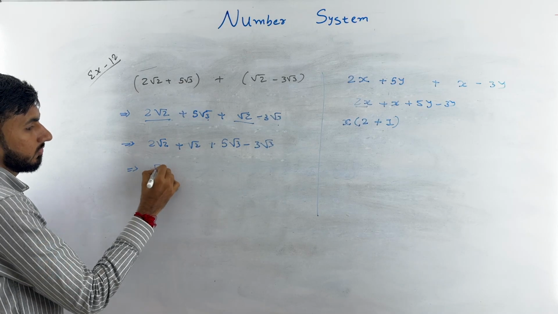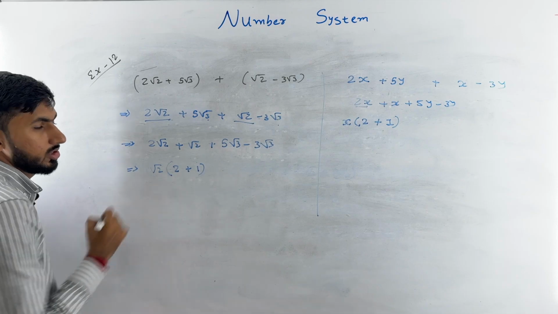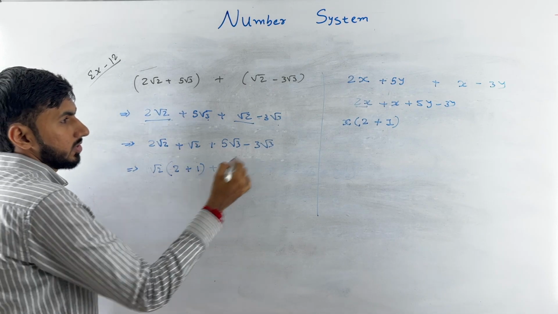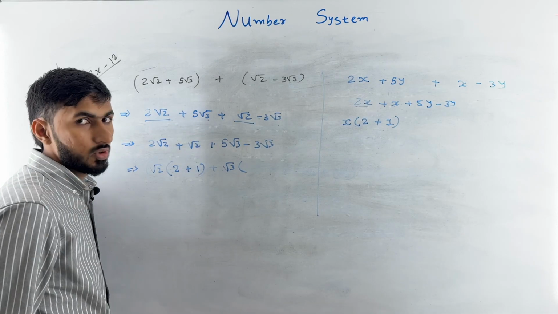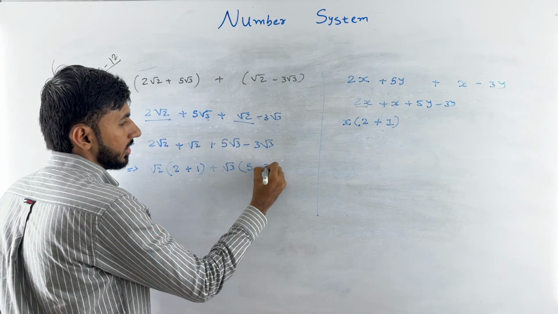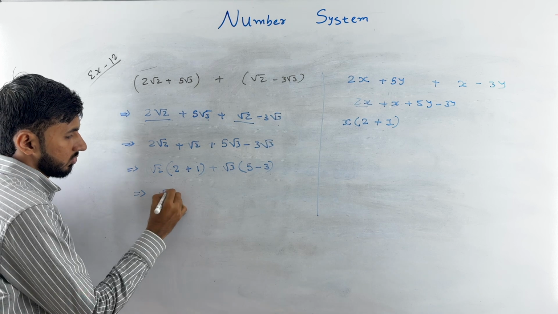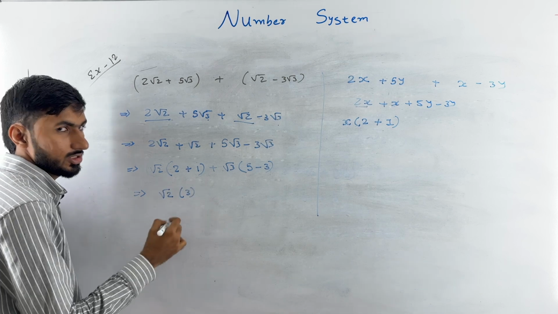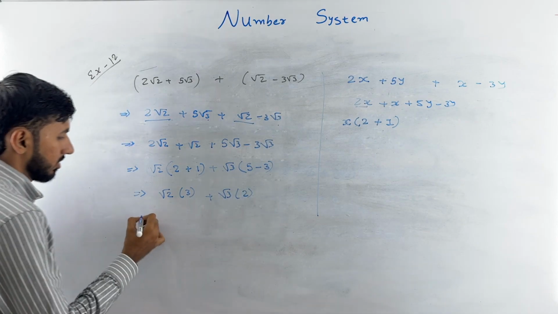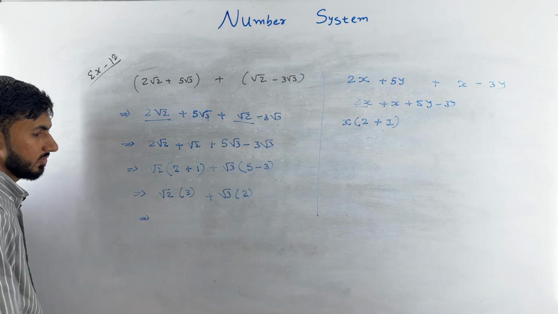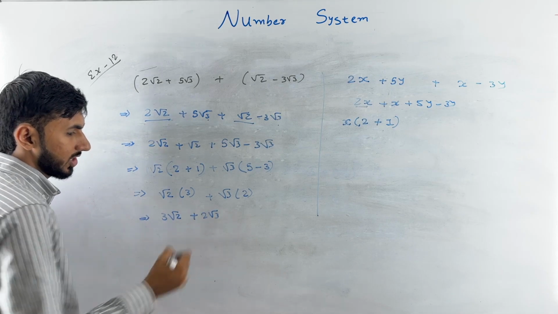So here if I take root 2 common, my answer will be 2 plus 1 in the bracket, same as here. Now here if I take common root 3, my answer will be 5 minus 3, right? So root 2 times 3, because 2 plus 1 is 3, and root 3 times 2, because 5 minus 3 is 2. Now if I write it in a simple way, 3 root 2 plus 2 root 3, this is my answer.